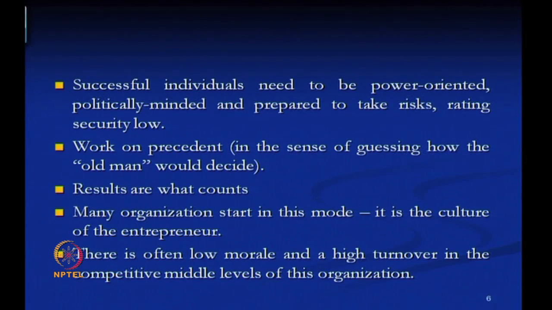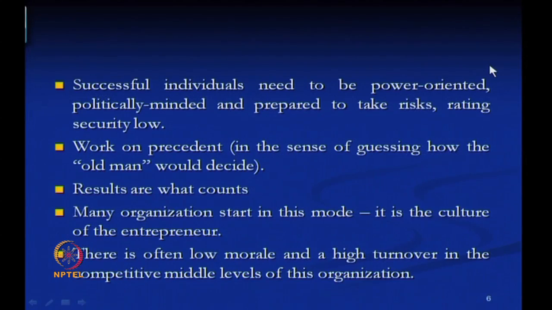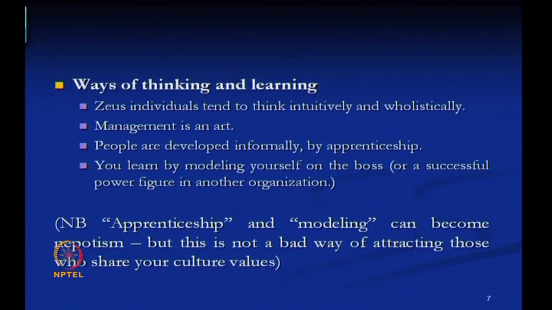In this kind of organization, which is club or power culture centered, there is often low morale and there can be a high turnover in a competitive middle level of this organization, but that is a price which needs to be paid for quick movement, otherwise the organization itself may get challenged or may have serious issues to handle.